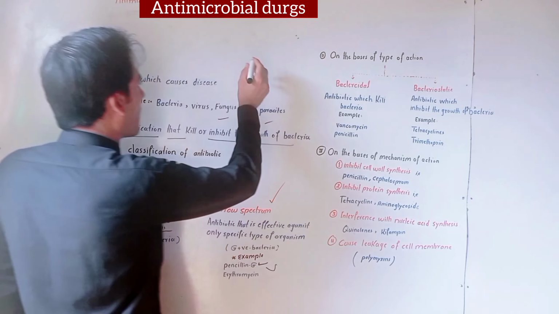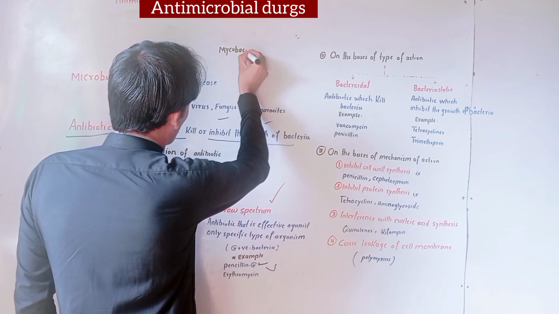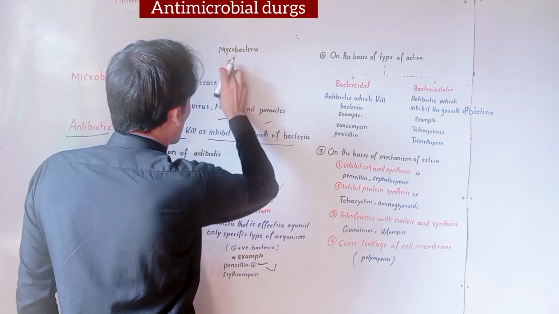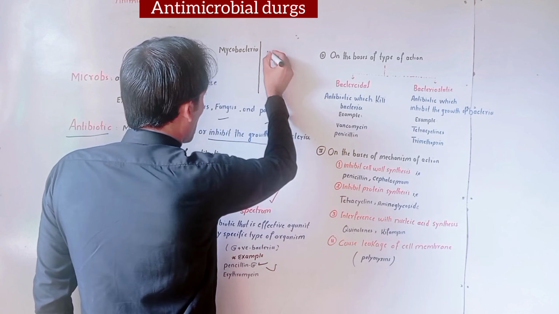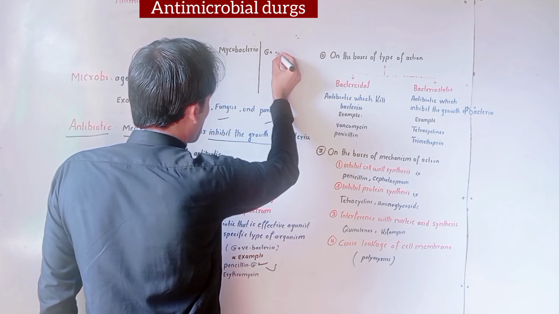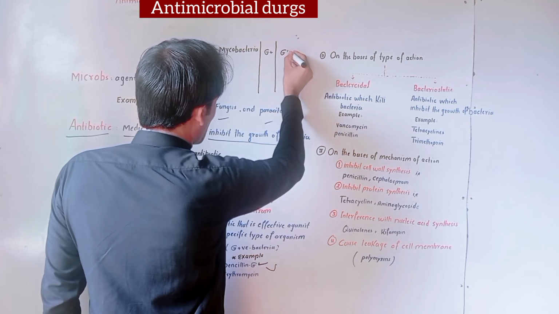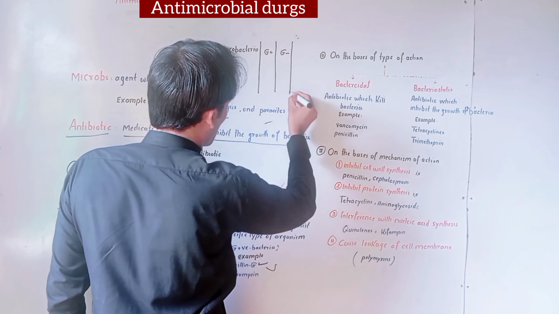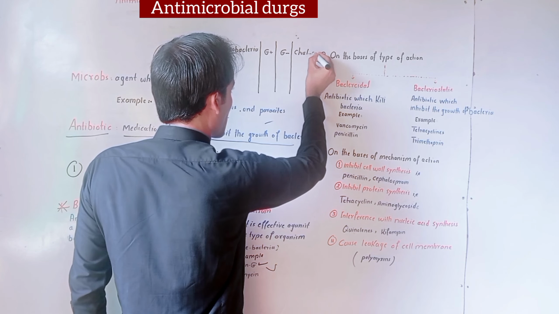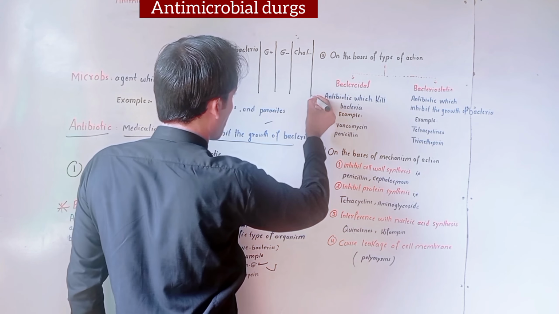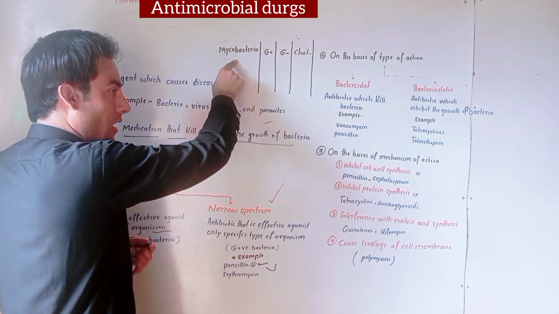Let's suppose we have mycobacteria, which causes tuberculosis in humans, and gram-positive bacteria, gram-negative bacteria, and fungus. Now, the cell composition of mycobacteria is very unique.